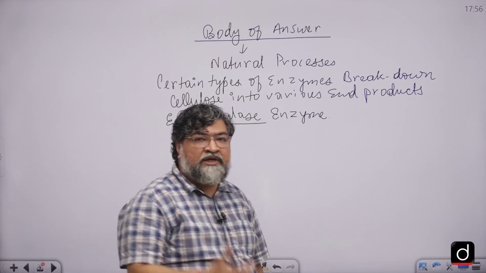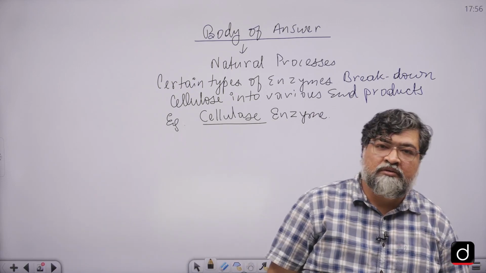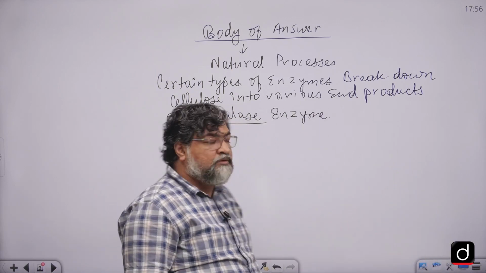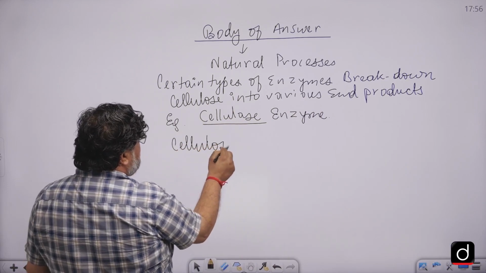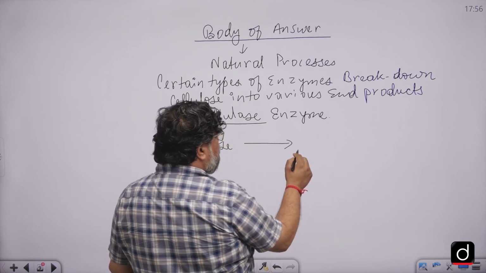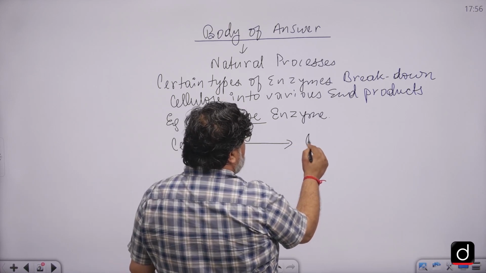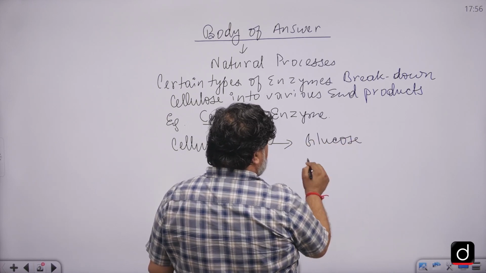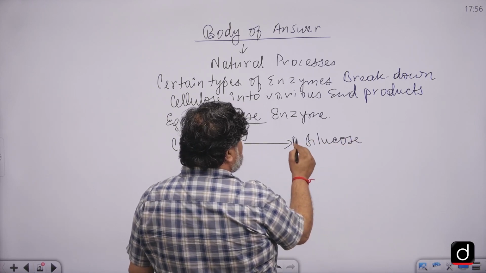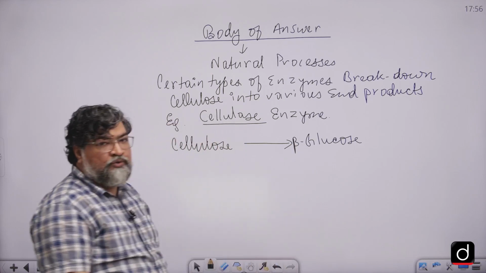It is an enzyme which can break down cellulose into its constituent glucose units. So what does the cellulase enzyme do? This cellulose can be hydrolyzed, broken down into glucose, right? Glucose subunit, particularly beta glucose, the monomer unit.